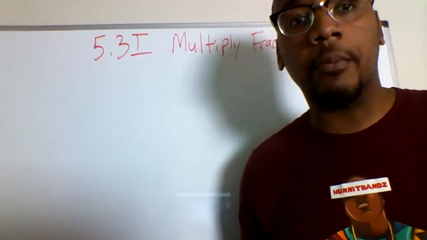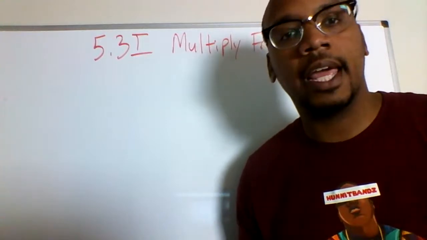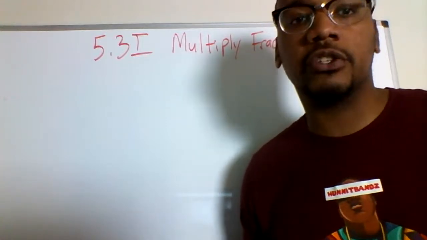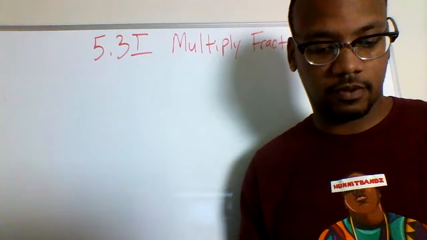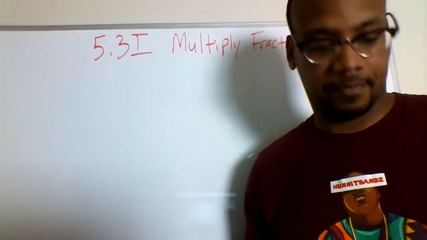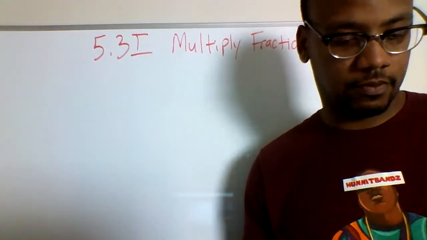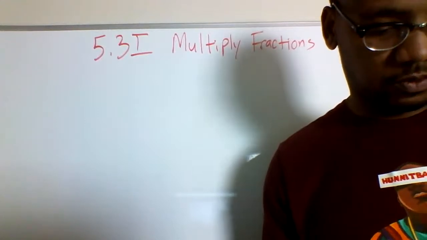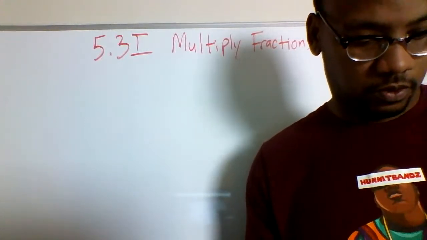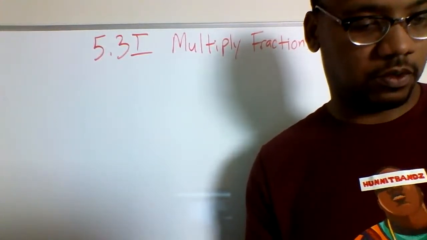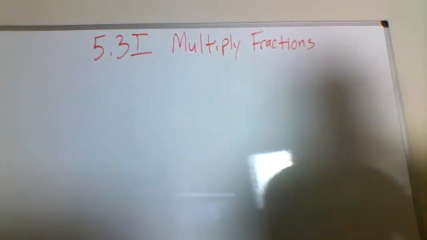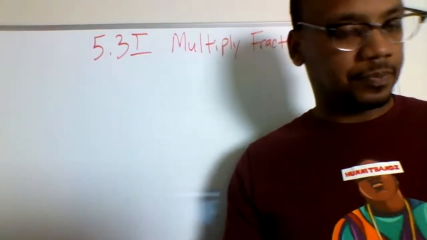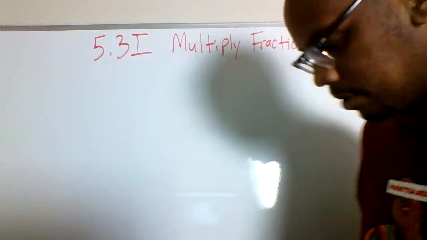So what I'm gonna do is a split screen, and I'm gonna do both. I'm gonna do pictures and standard. All right. So number one says, let me draw my split screen.